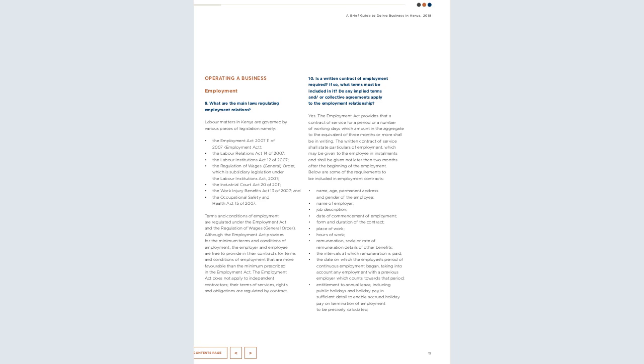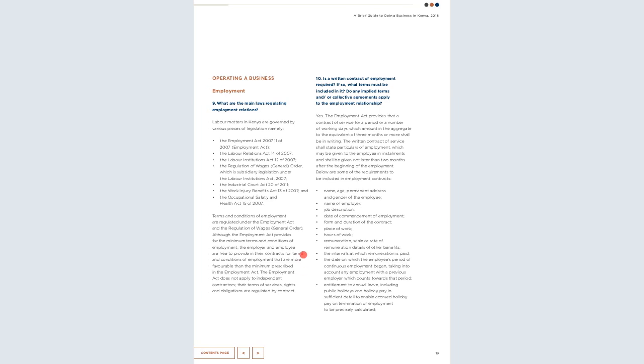Then, is a written contract of employment required, and if so, what terms must be included in it? Are there implied terms, and does a collective agreement apply in the employment relationship?